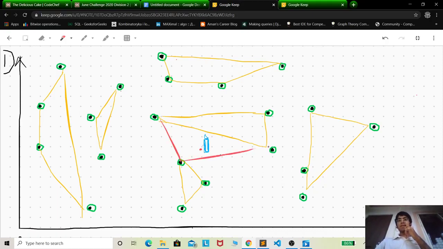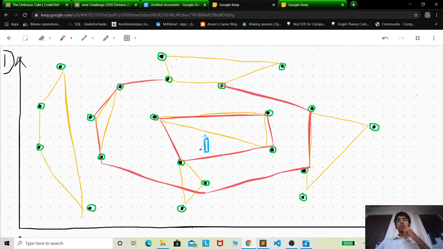Suppose we increase the area of this layer and connect these 4 points, this layer encloses the candle point, right? And similarly, if we connect these points and form another layer, 2 layers are now enclosing the same candle point.